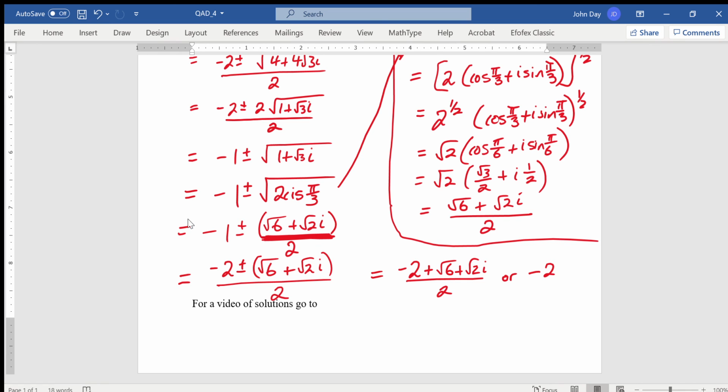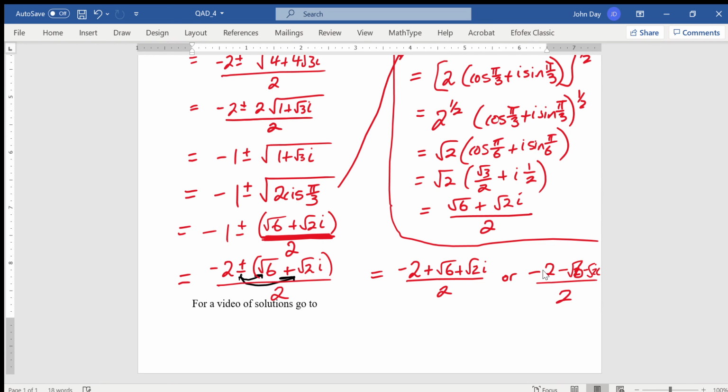Now, I've got to be very careful because when I do this bit, this minus sign that I'm going to distribute has got to distribute across this. So I'm actually going to end up with minus 2 and then minus root 6 minus root 2i.